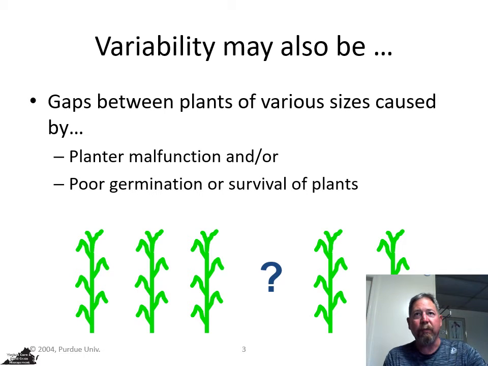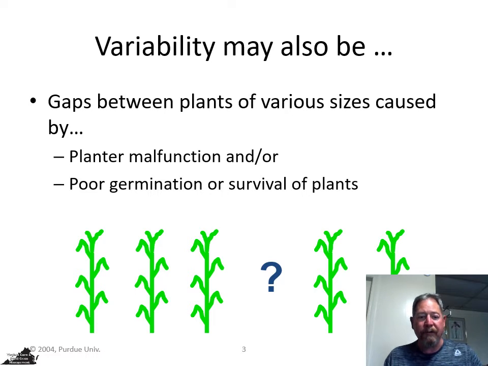But survival of those plants is a concern, and that can be a reflection of pest predation, disease maybe in soils, depending on the time it might take to emerge. It could also be issues with planting depth or consistency, maybe worn seed openers, those kinds of things that cause us to plant at variable depths and expose some seeds to harsher environments.